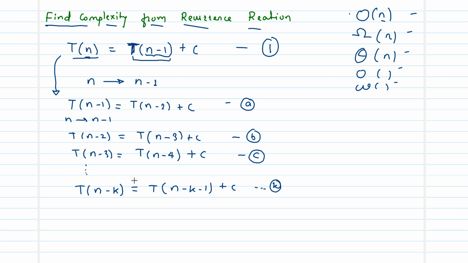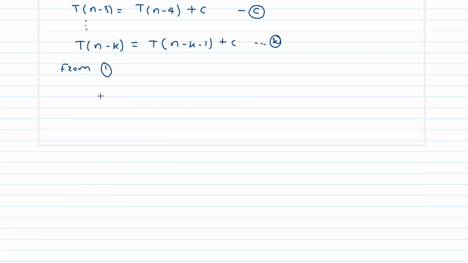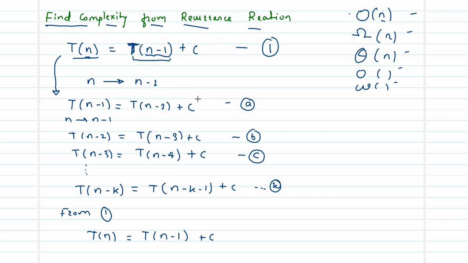Now our aim is to take from equation 1. We have T(n) = T(n-1) + c. And if you look at equation A, we have T(n-1) already calculated there, that is T(n-2) + c.